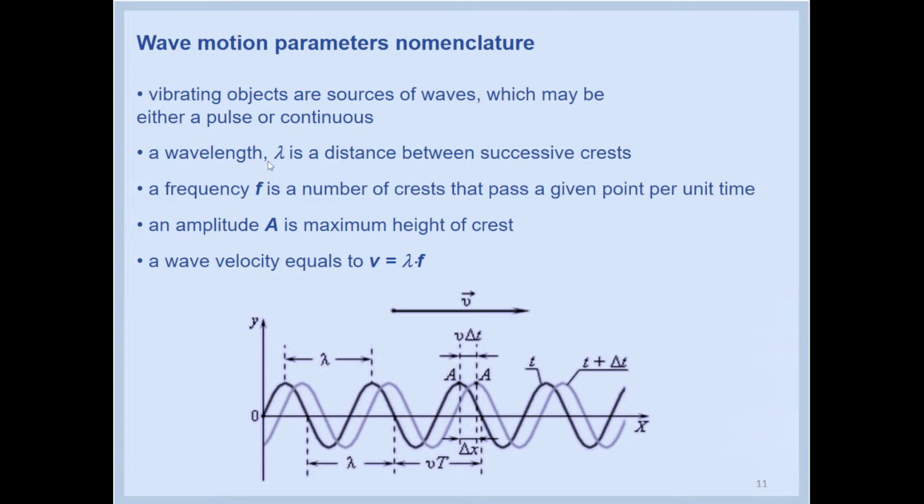It is the wavelength. What is this? It is the distance of the transmission of mechanical energy within the time of one completed oscillation of the particle of the medium.